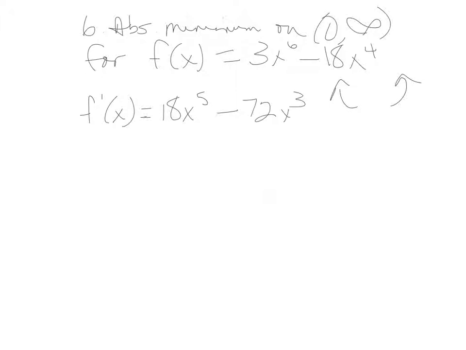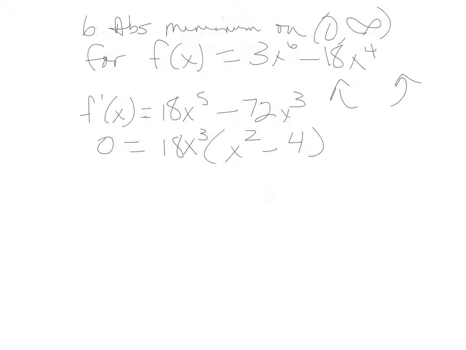Okay, I need to set this thing equal to 0. And did we get lucky? Does 18 divide into 72 evenly or not? Oh, wow. Okay, that's nice, because then I can factor out an 18, and what else can I factor out with it? X to the 3rd. And in parentheses, then I would have x squared minus 4.